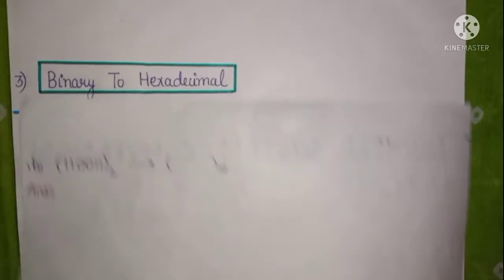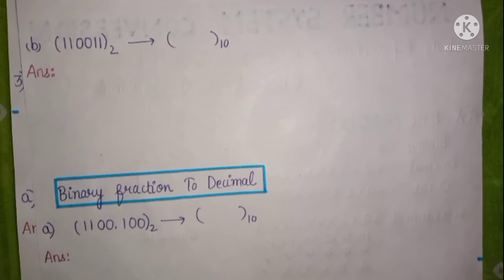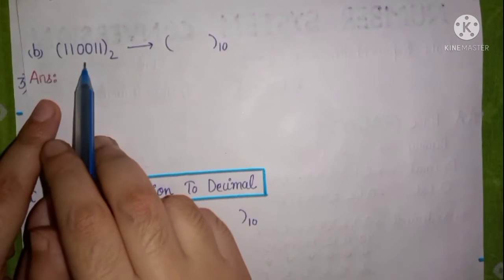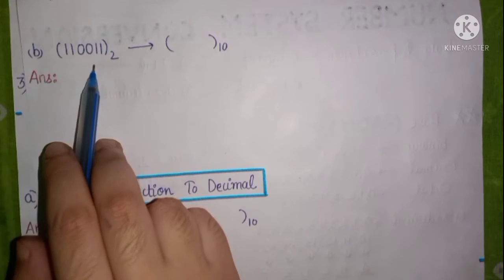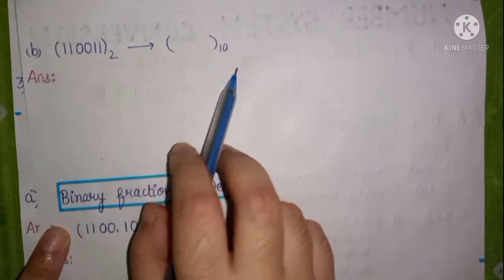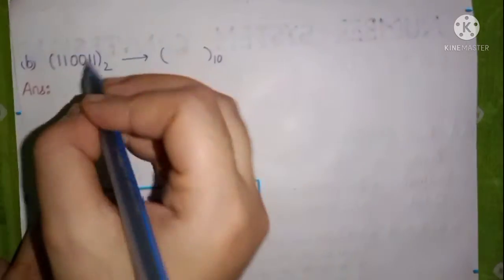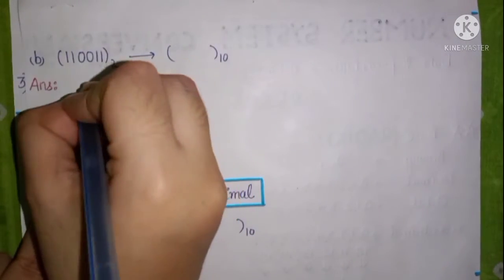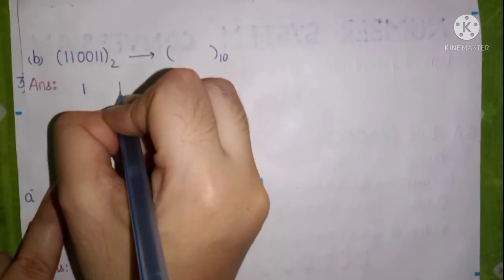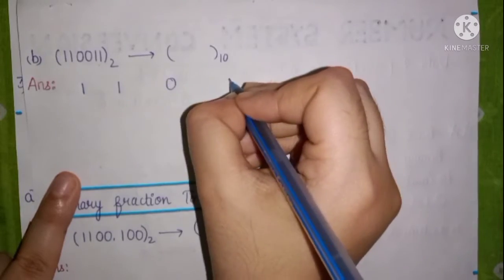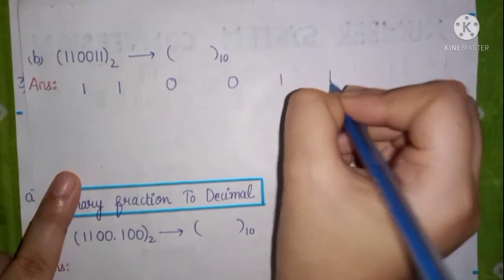Now next we will see another example, that is 110011. This is in binary form and we have to convert this into decimal form. So what will we do? First we will write the same number below in a free space, 110011.